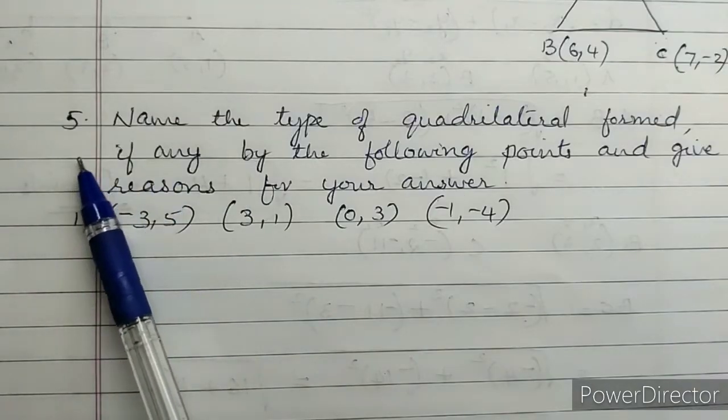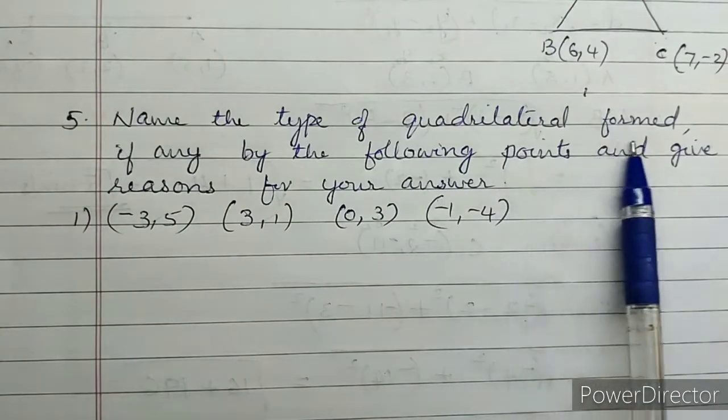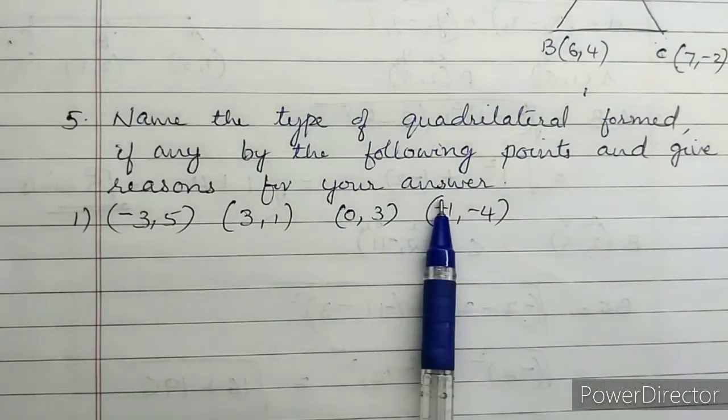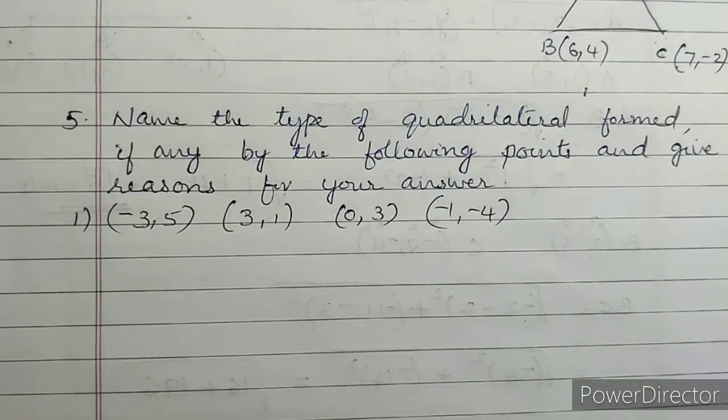Next sum, name the type of quadrilateral formed, if any, by the following points and give a reason for your answer. So types of quadrilateral: you can have square, parallelogram, rhombus, then if all the sides are different, it's just a quadrilateral. Like that you have to check it. So all the four sides you have to see.